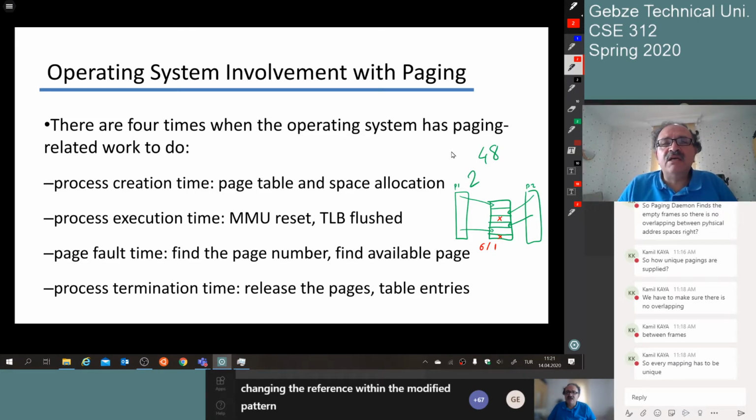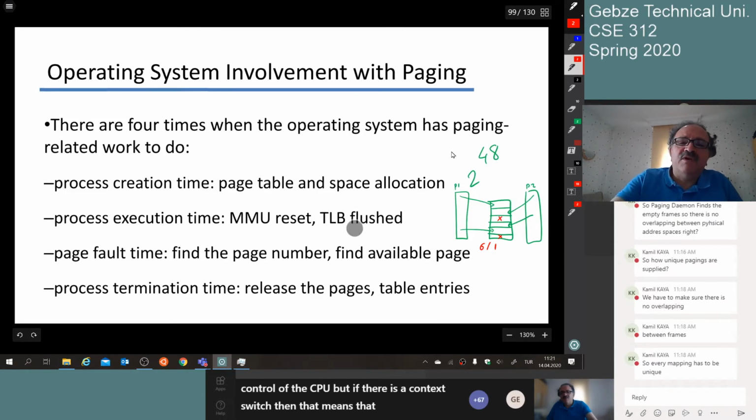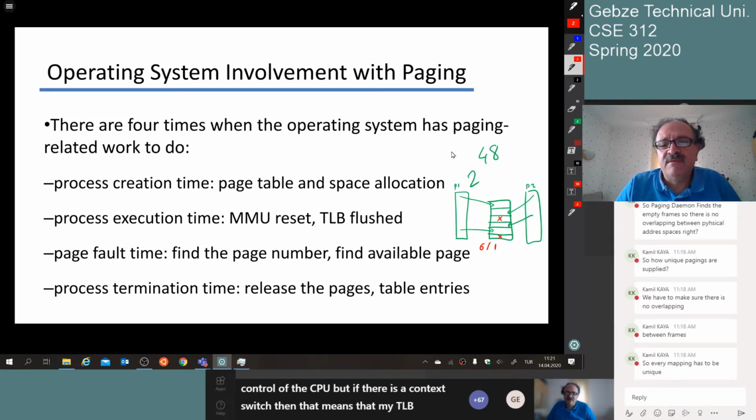So during regular execution time, the operating system is not involved because the process has complete control of the CPU. But if there is a context switch, then my TLB configuration has to be flushed and the MMU has to be reset, because the MMU is going to be used by some other process right now.